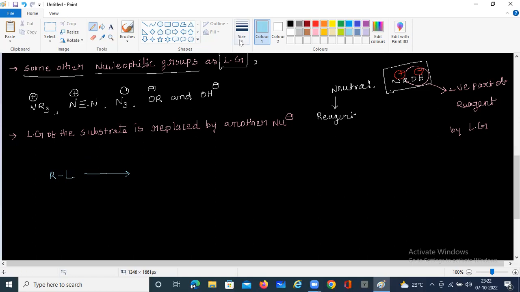Here I have taken one reagent, a neutral reagent. That means in the neutral reagent, one component is a positively charged electrophile and the other a negatively charged nucleophile.